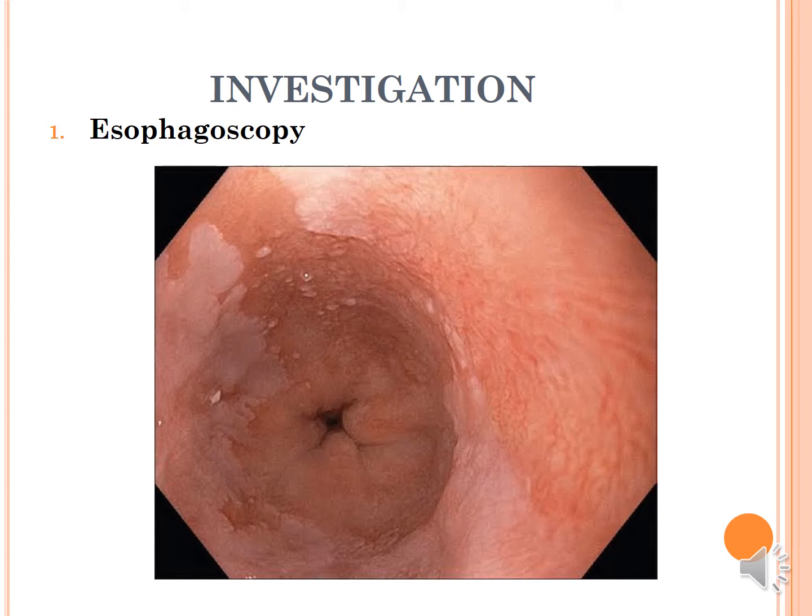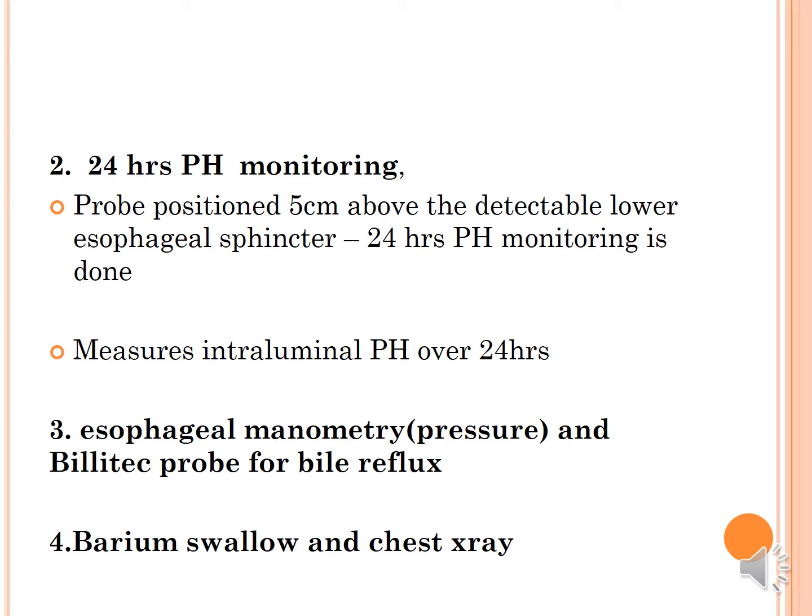And this is the endoscopic picture of the condition, that is gastroesophageal reflux disease. This is mainly done while doing an esophagoscopy. Certain other investigations are 24-hour pH monitoring, esophageal manometry, and a Bilitec probe for bile reflux.